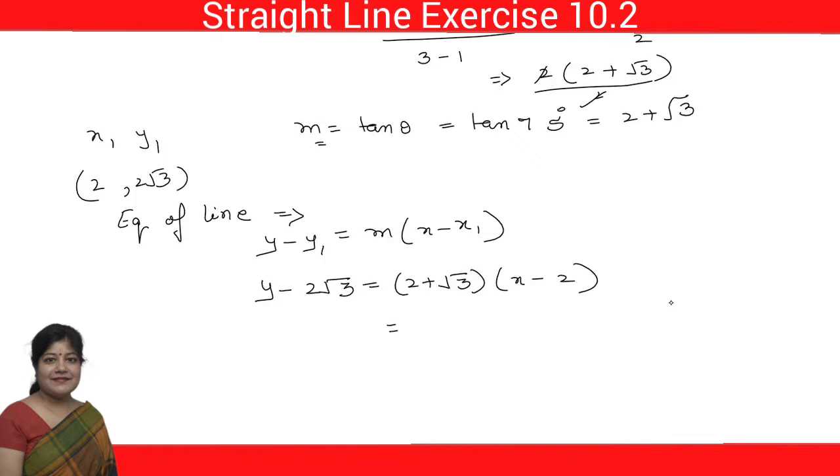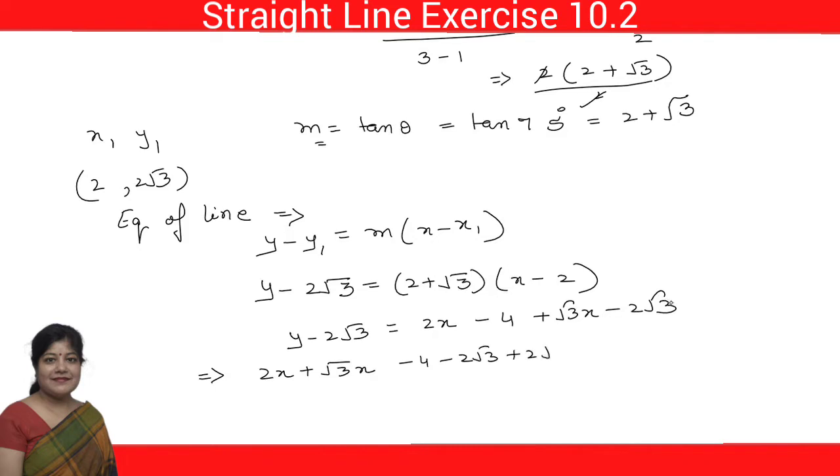Now we multiply: 2x minus 4 plus root 3 x minus 2 root 3. Here we have minus 2 root 3. So 2x plus root 3 x minus 4 minus 2 root 3 plus 2 root 3 minus y. It is cancelled. So we have x into 2 plus root 3 minus y minus 4 is equal to 0.